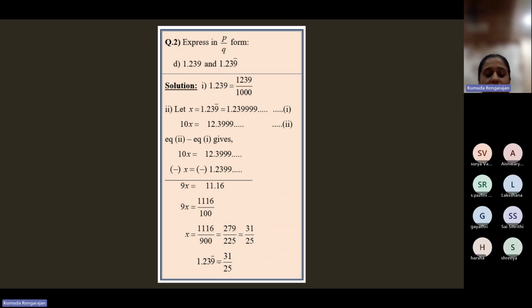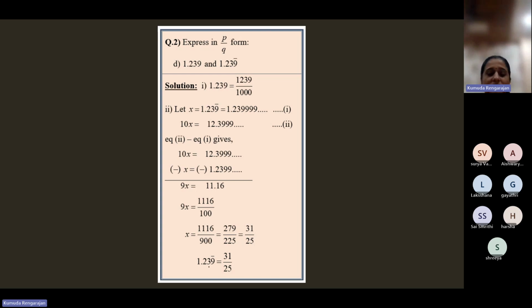But this one is a non-terminating repeating decimal. This is an exception. In the P by Q form, the denominator will have primes other than 2 or 5. But here you see the prime factor of the denominator is 5.